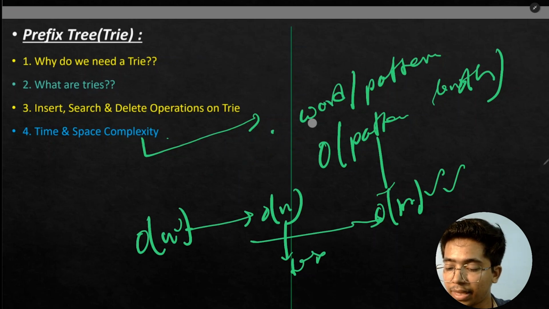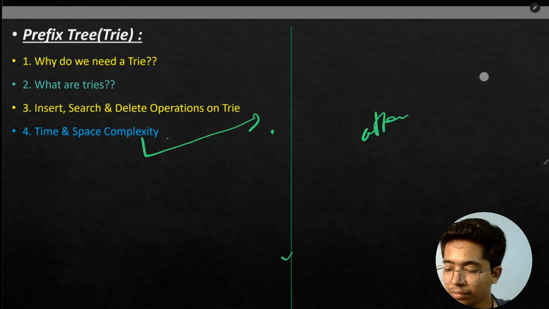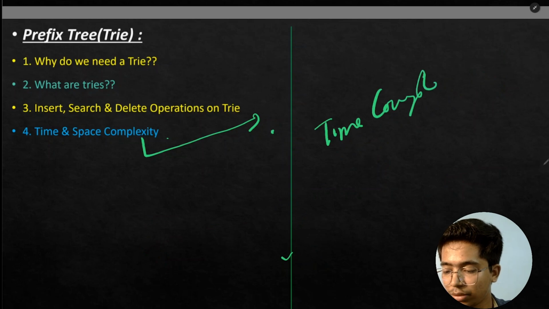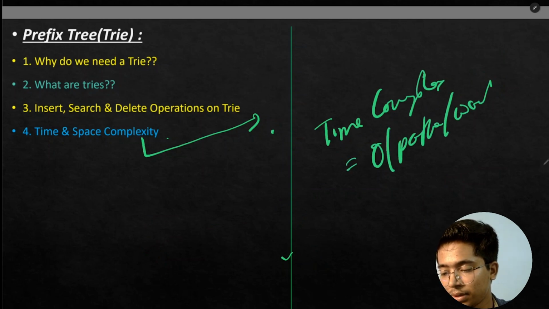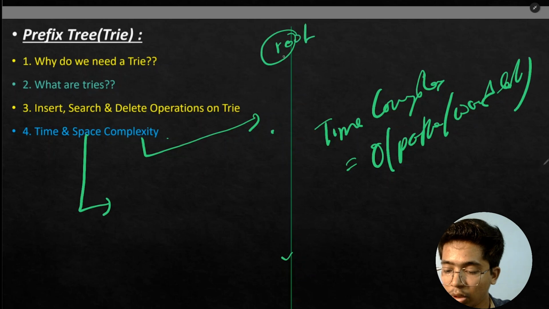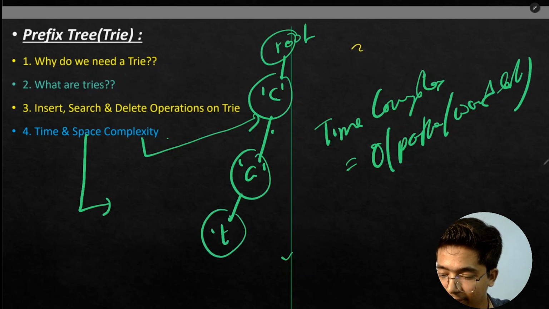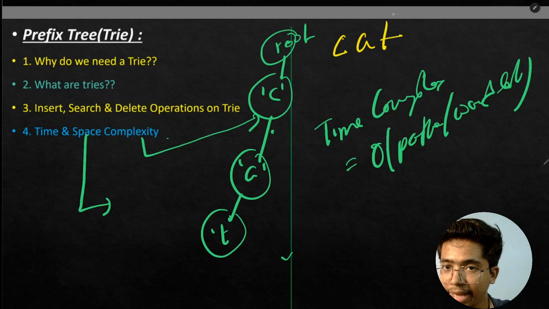What about space complexity? Time complexity got reduced to big O of pattern, whatever length. Okay, but the space complexity, observe, whenever we are inserting, this is a root, we are inserting any element, C, A, T, so we are inserting cat here.